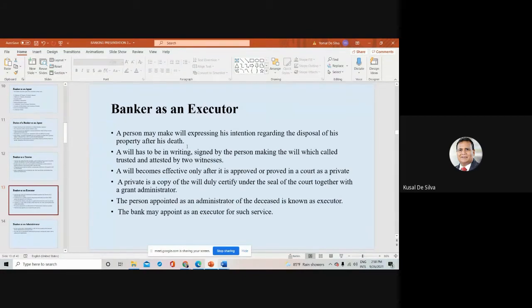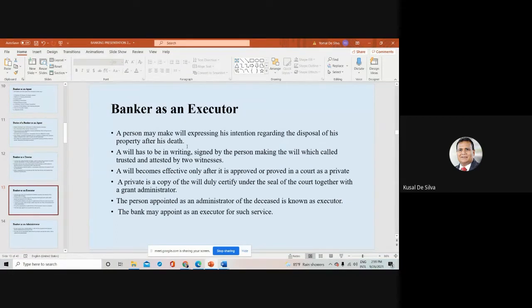A will has to be in writing. Always, a last will has to be in writing, signed by the person making the will, who is called the testator, and attested by two witnesses. So a will should be in writing and witnessed, and later it has to be proved in a court.